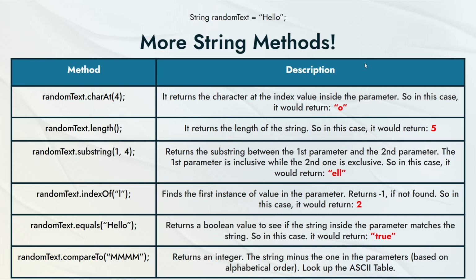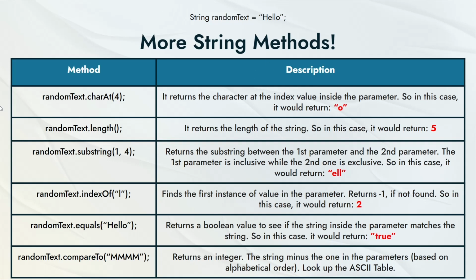Some more string methods. There are a lot of string methods and they can be very useful, so please stick with me. The first method we'll be looking at is randomText.charAt(). It returns the character at the index. Before we look at this, randomText is already predefined and has the value hello.